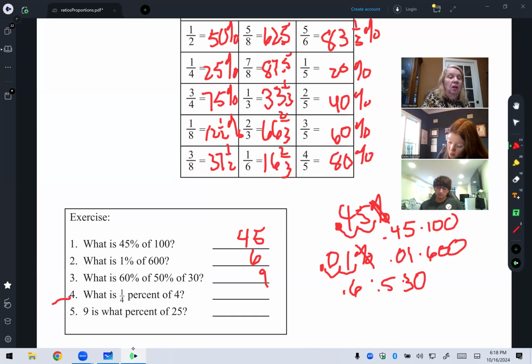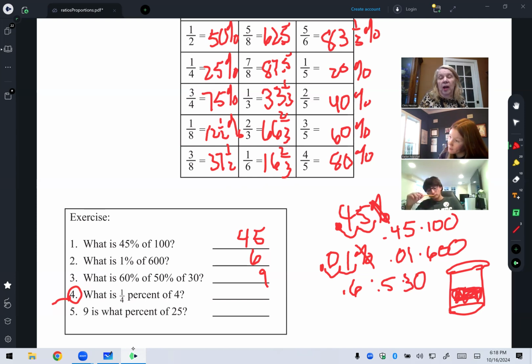All right, this one's a little tricky. If I had a glass of water and 1/4 of it was salt, would you know it when you drank it? Yes. But if it was only 1/4 of a percent, it would be so nominal that you probably wouldn't even notice it.